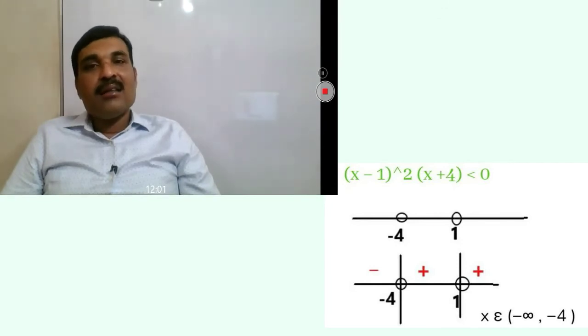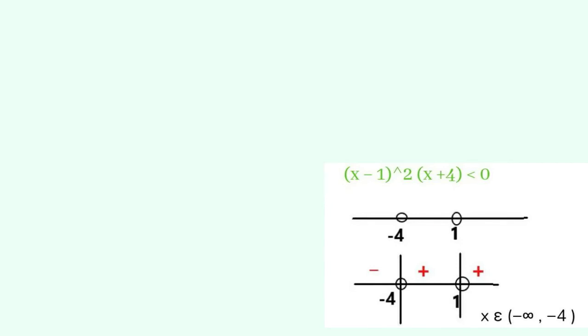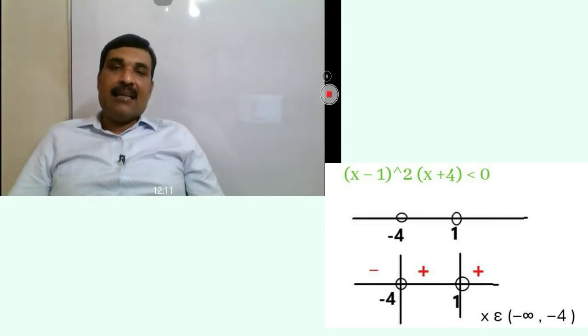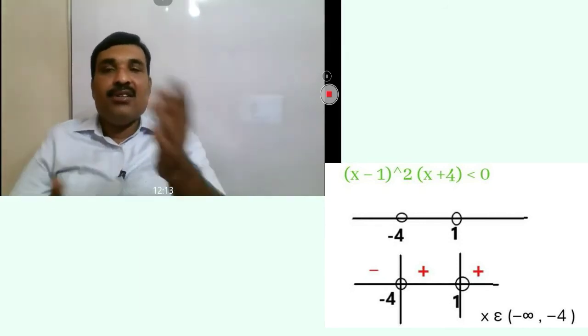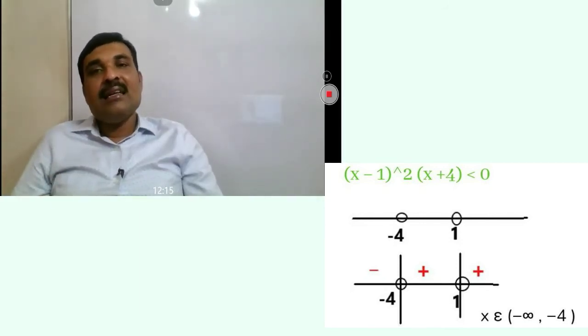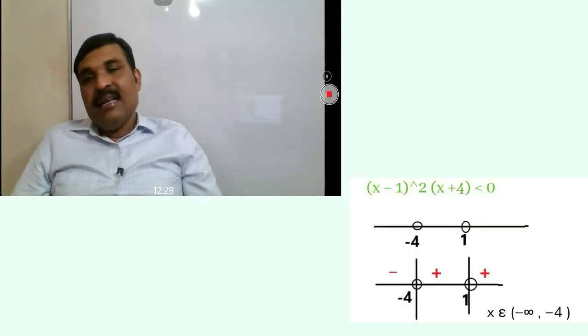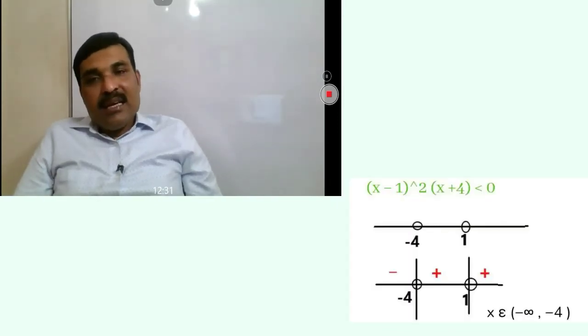Now look at the power of x plus 4. That is 1, an odd number. So now the sign plus is changed into minus. So for the region minus infinity to minus 4, the value of the function becomes negative. And these 2 points are excluded since the function is less than 0.